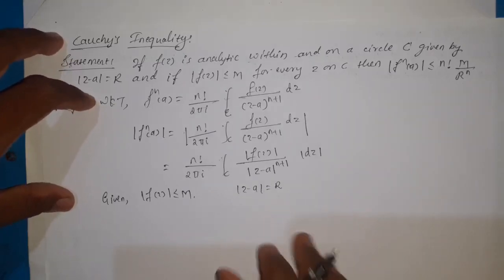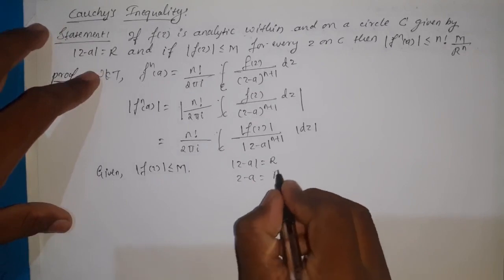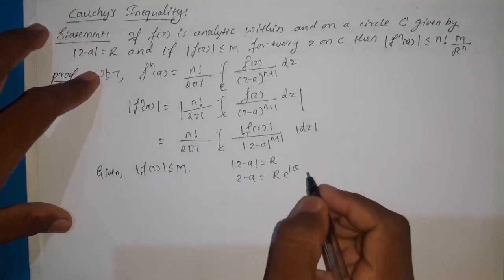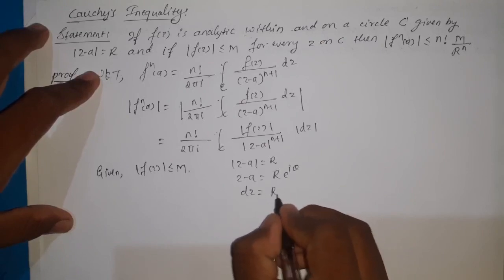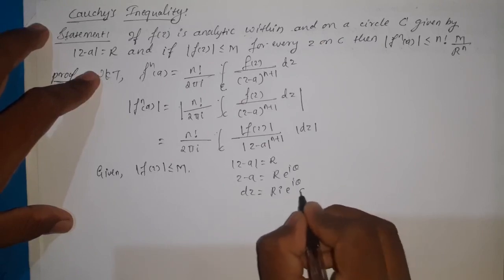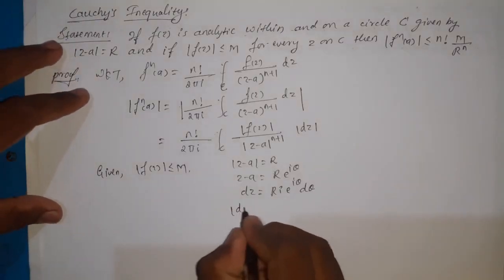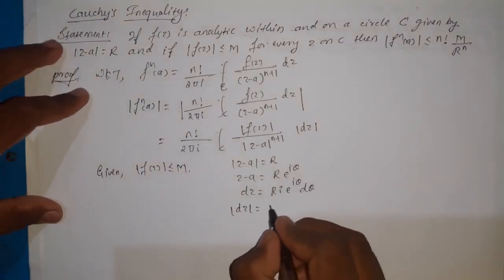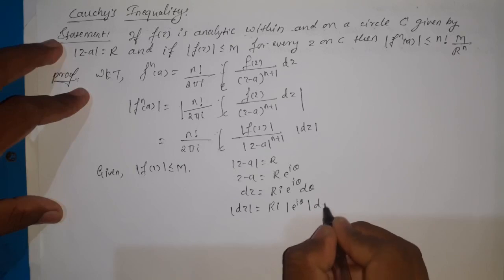So here |z - a| = r means, by using the polar form, z - a is equal to r e^(i theta), then dz is equal to r i e^(i theta) d theta, and then the modulus of dz: r and i are constants, then the modulus of e^(i theta) d theta.